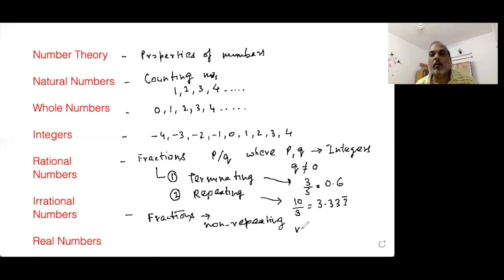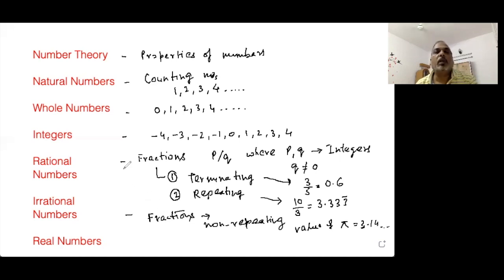Like the value of pi, 3.14. Like that, after the decimal, you will find so many numbers of non-repeating type.